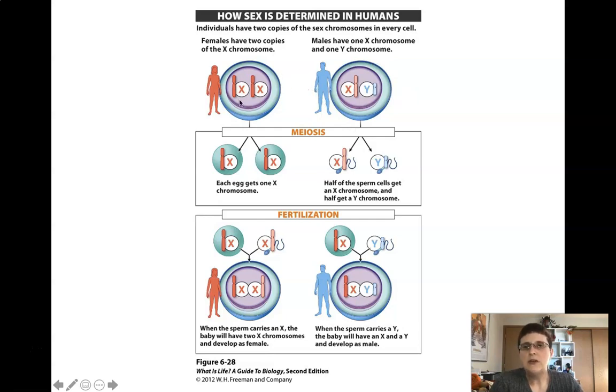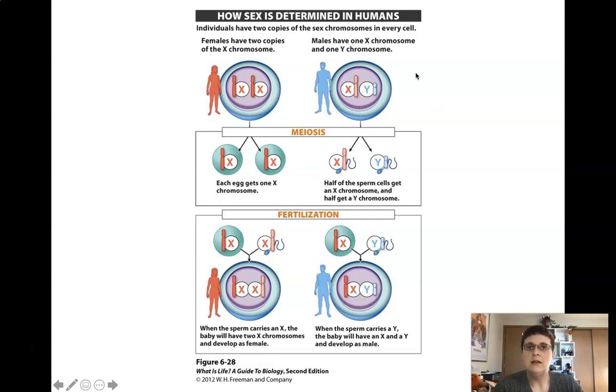When meiosis occurs, all of the eggs normally get one X chromosome from the female. So the female is only going to give an X chromosome. So mom, the female, does not determine the sex in humans, because there's only an X chromosome to pass on.